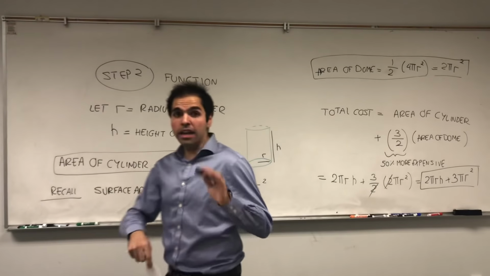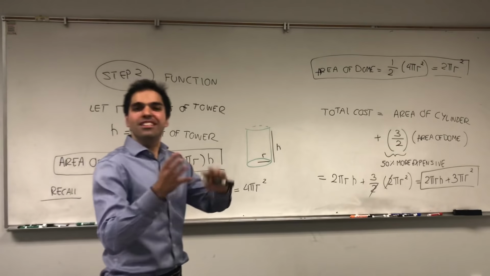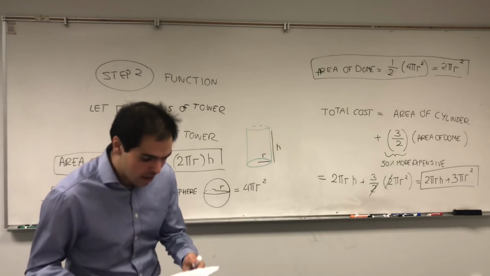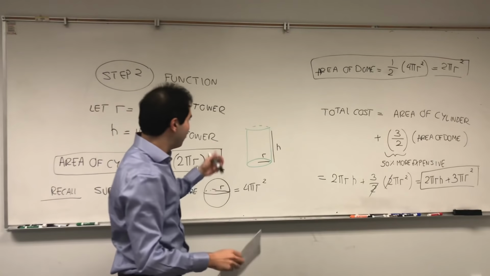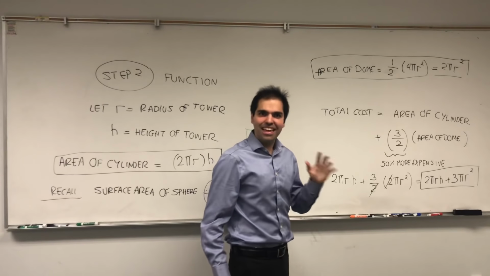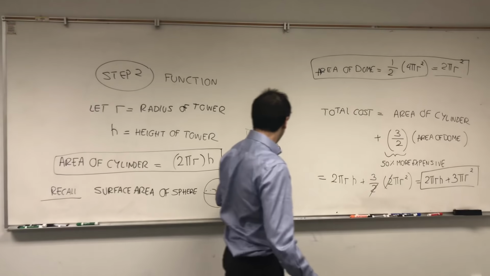Okay, one little remark. Remember, there was this last sentence that said, assume that the silo has no floor and no flat ceiling under the dome. What this is telling us is, again, some reassurance about what we have to minimize.